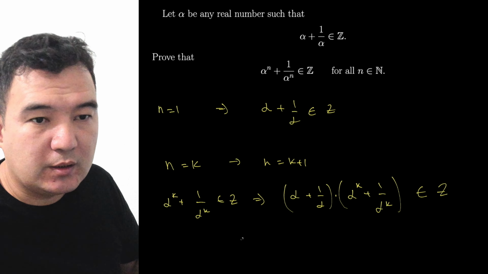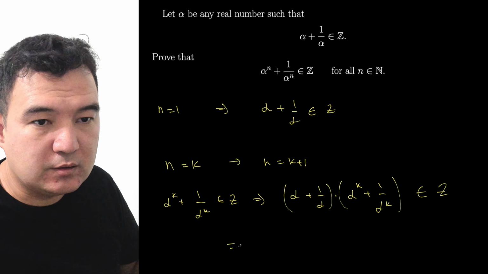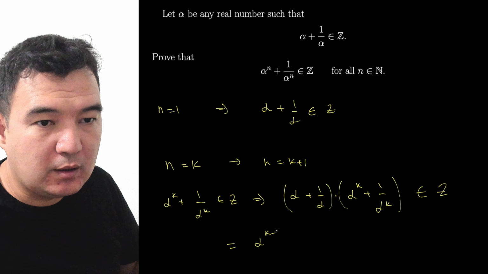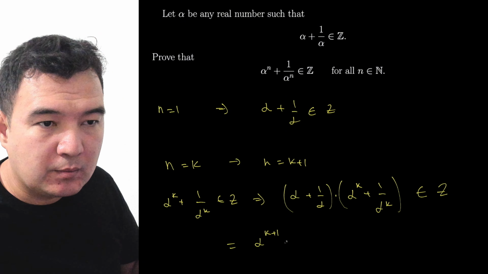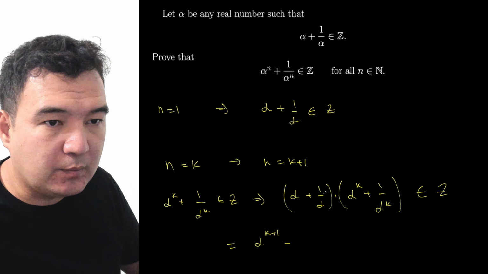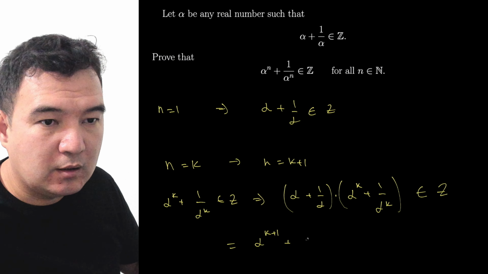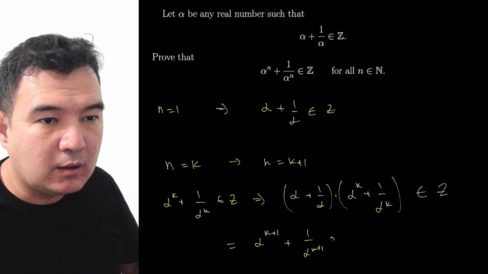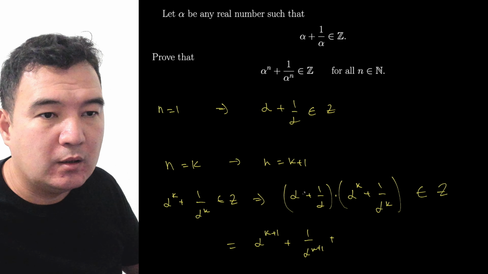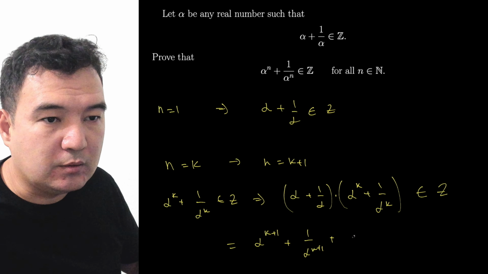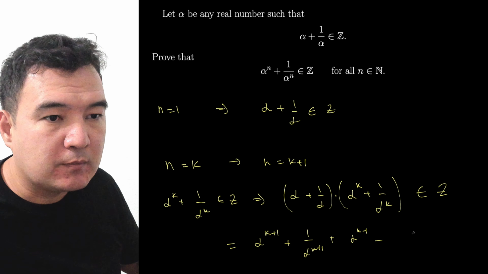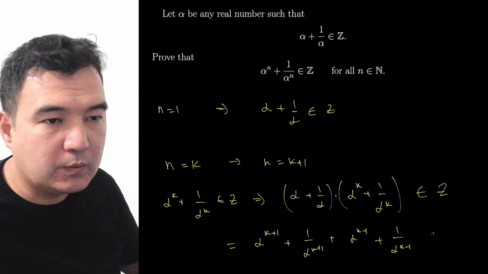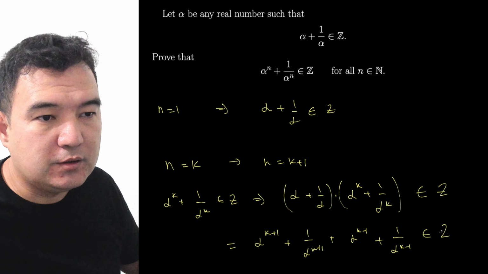If I open the parentheses, this expression is going to be alpha^(k+1), and if I multiply the second terms, I get 1 over alpha^(k+1), and then the second part is the first and the second, so I get alpha^(k-1) plus 1 over alpha^(k-1). This number is an integer.